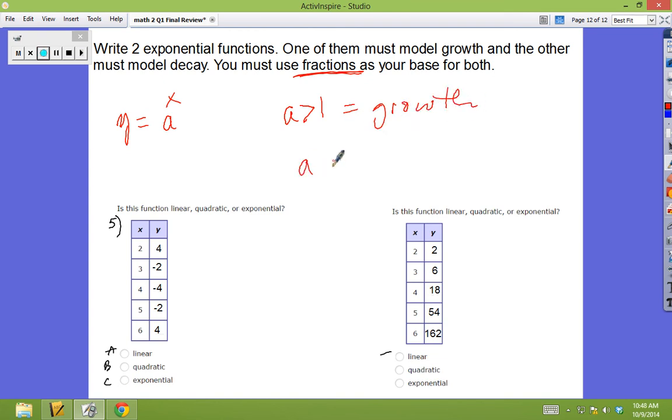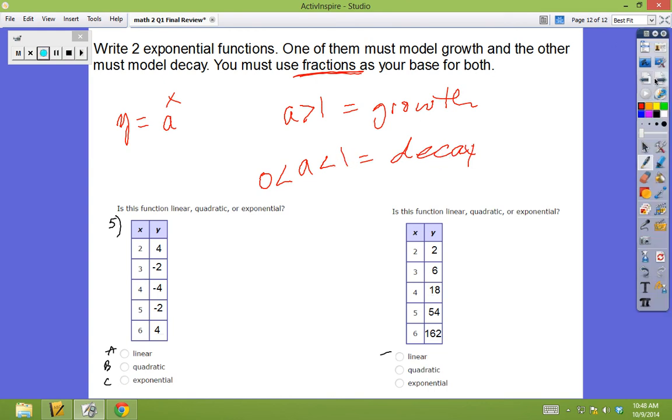Anytime the a is, let's say it's less than 1, but it's greater than 0, then that means it's decay. So anything between 0 and 1 is decay.